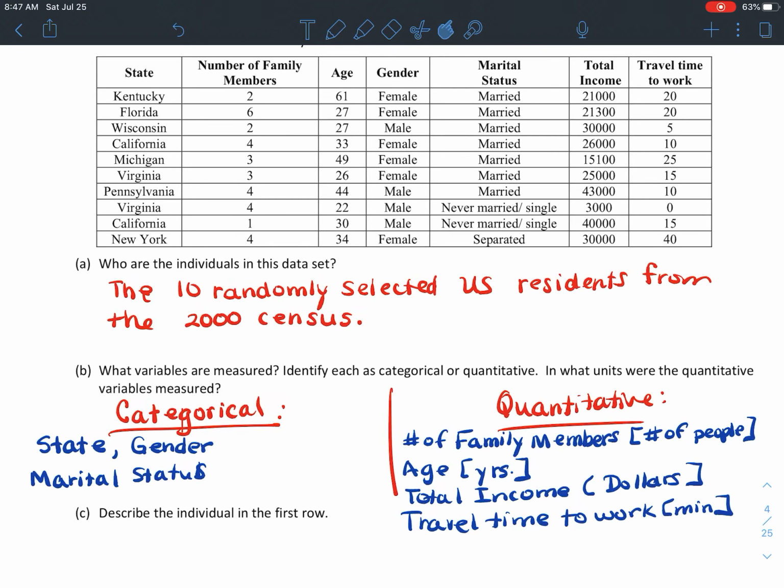All right, it says describe the individual in the first row. So we're talking about this person right here, okay?